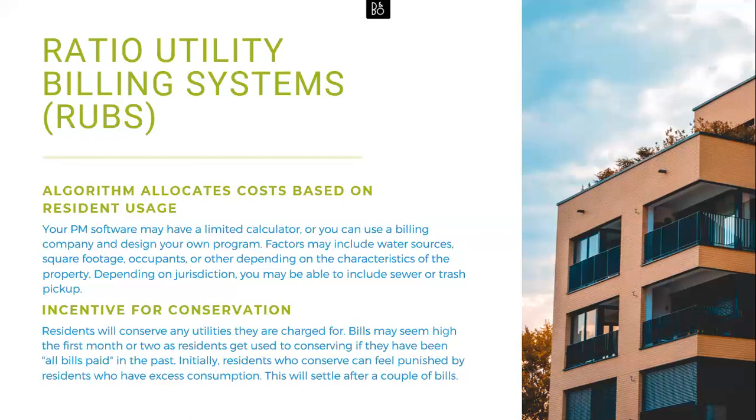So what he's chosen to do, and this is a new program in the middle of this current crisis, is roll out the RUBS program on new move-ins, and at a later time begin charging renewals as well. And he is seeing as much as $40 a unit for water and $80 a unit for gas.